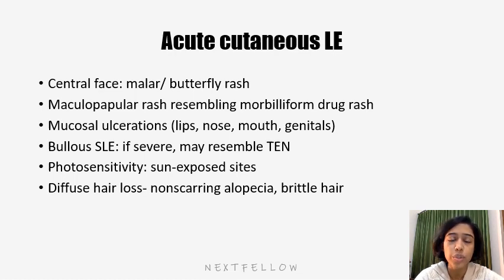So that's a rash which is occurring on the cheeks, on the prominences of the cheeks, and it typically spares the nasolabial fold, right? That's because it tends to get hidden from the sun, from direct UV light. So that erythematous rash, which spares the nasolabial fold, occurs both over the nasal prominence as well as the cheeks. You may get maculopapular rashes which resemble a drug rash.